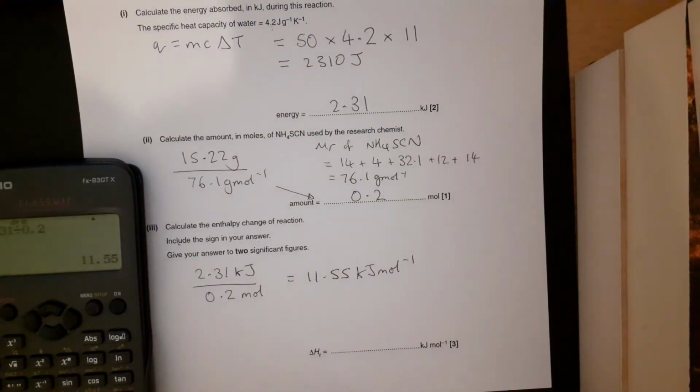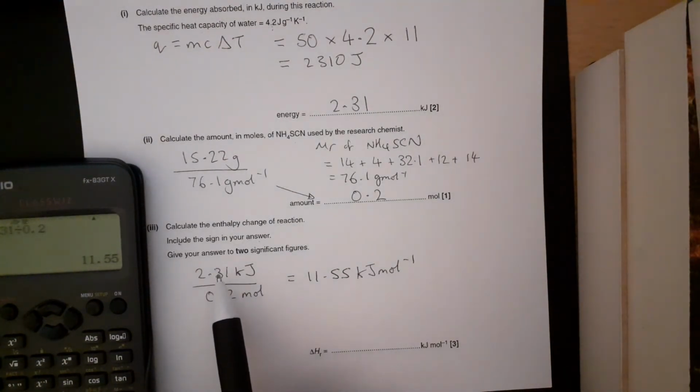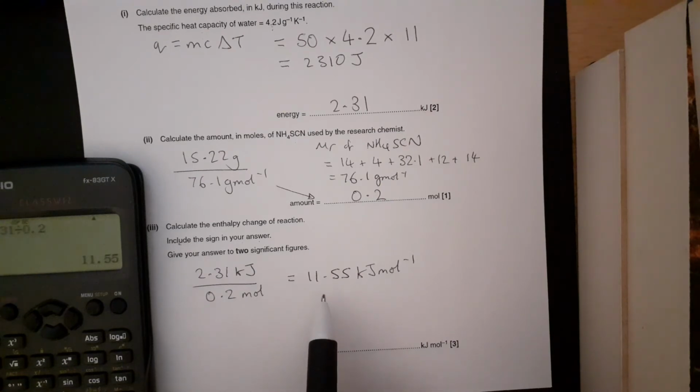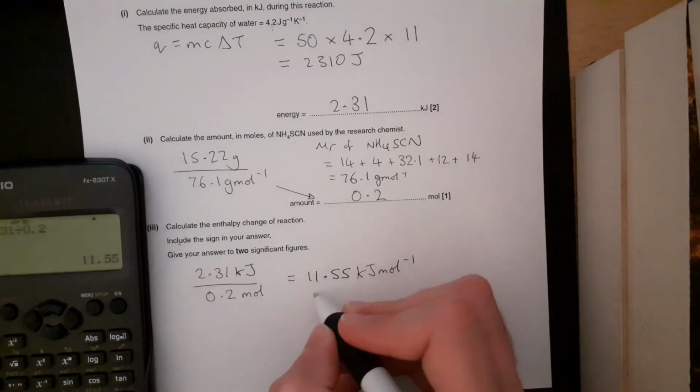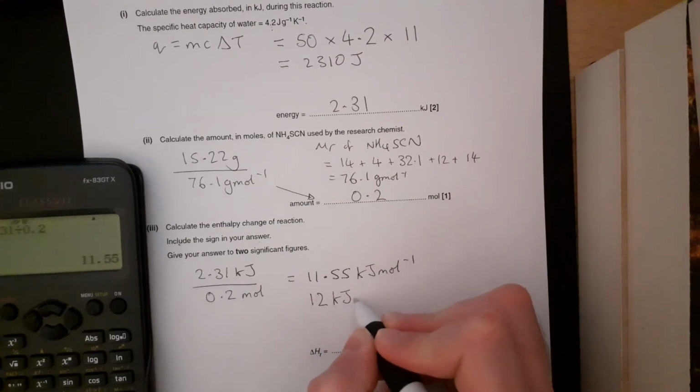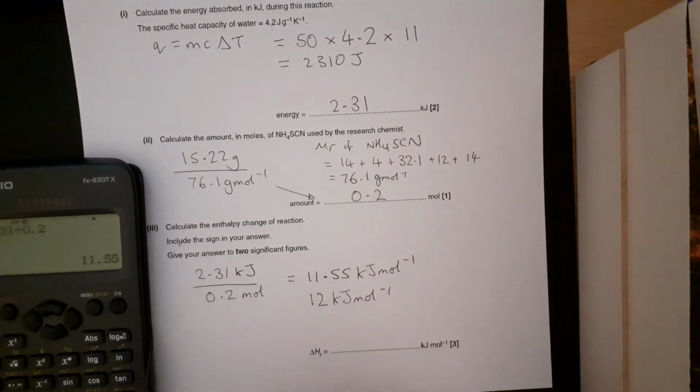Then we need to do this to two significant figures, so we'd round that to 12. And then we need to have a think about the sign.